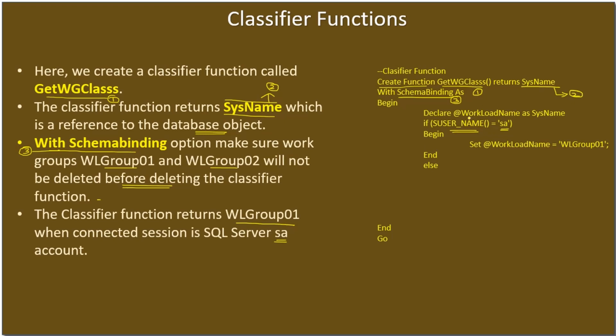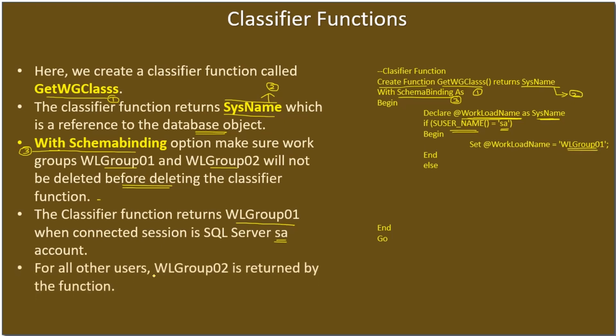So we declare a local variable for this function, with data type sysname, and assign WL group 01 to it. For all other users, we return WL group 2.